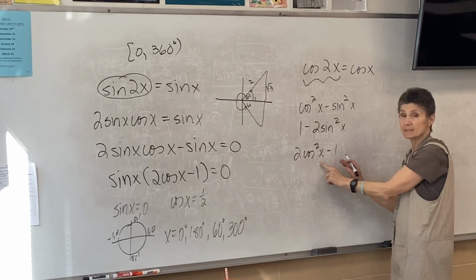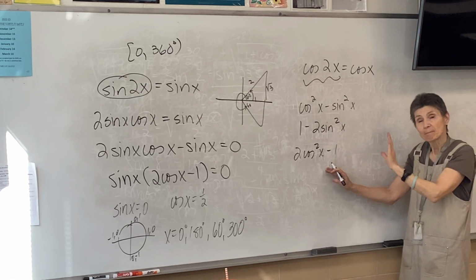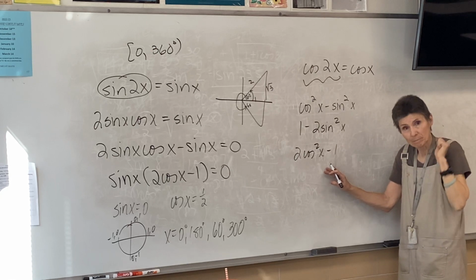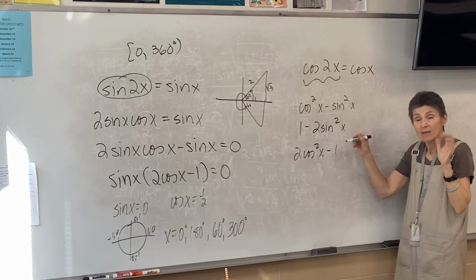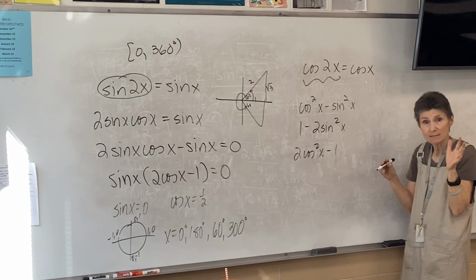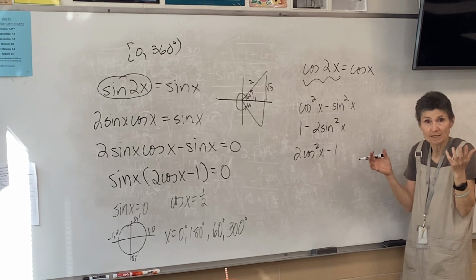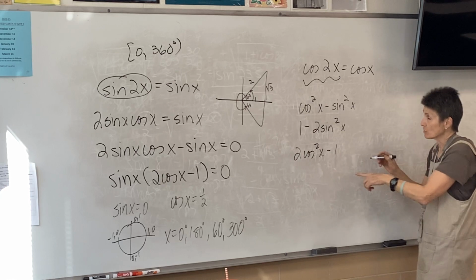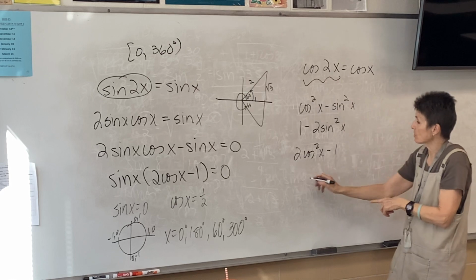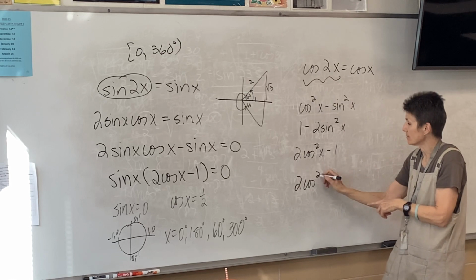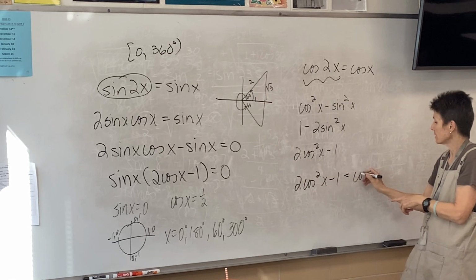So I'm going to choose this option because then my whole problem will be regular cosines. If I picked one of these, then I'm going to have sines and cosines in my problem, and that just makes it more complicated. So I'm going to pick this one right here. So I'm going to take that, and I'm going to substitute it in right there. So I'm going to have 2 cosine squared minus 1 equal to cosine.